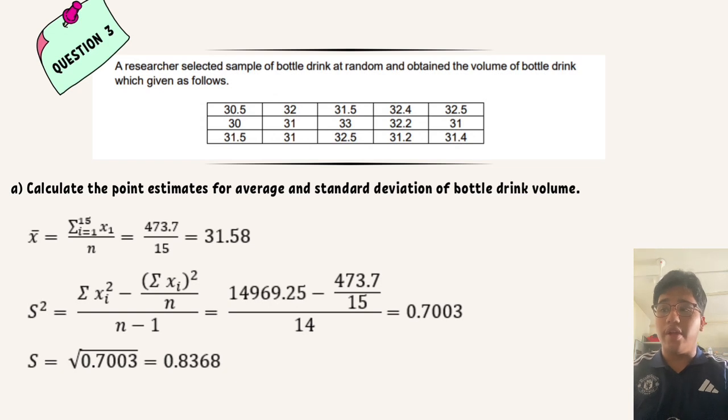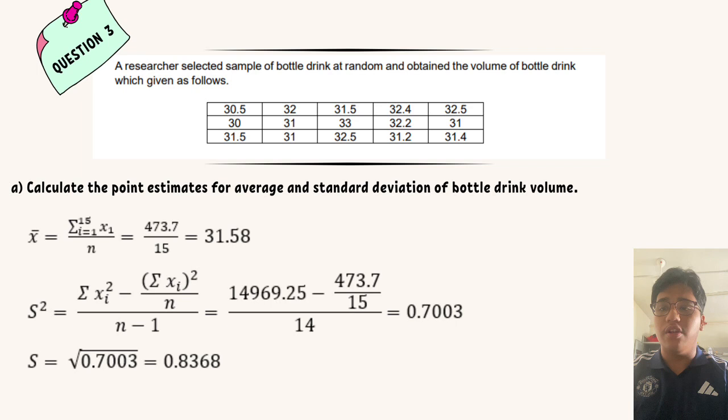For question 3A, calculate the point estimate for average and standard deviation of bottle drink volume. First, we need to find x bar, using the formula sum of xi over n. We get the sum of xi equal to 473.7 and n equal to 15, and then we get the answer 31.58.